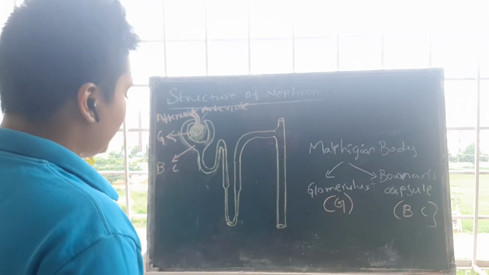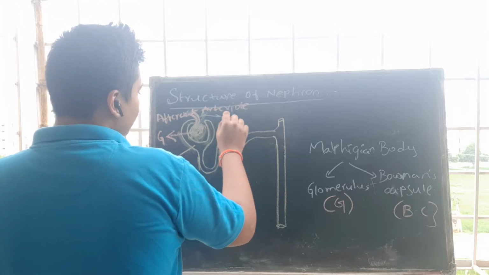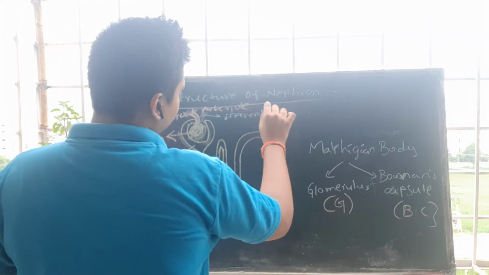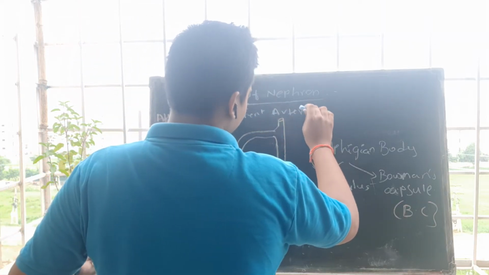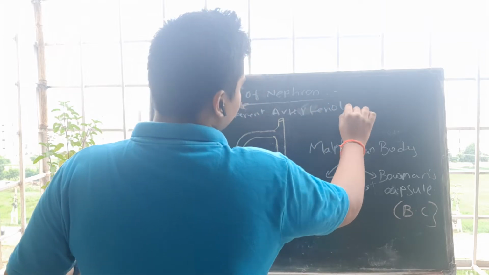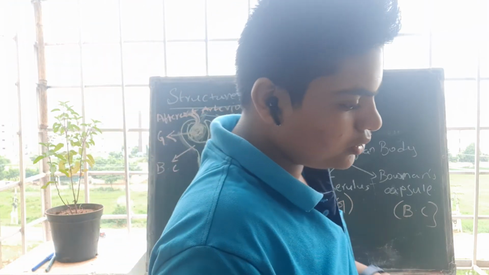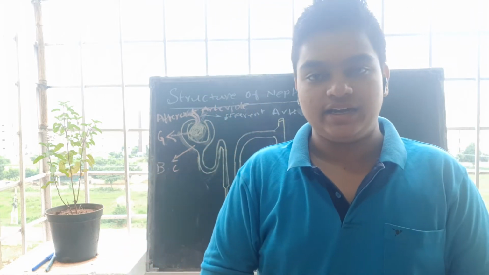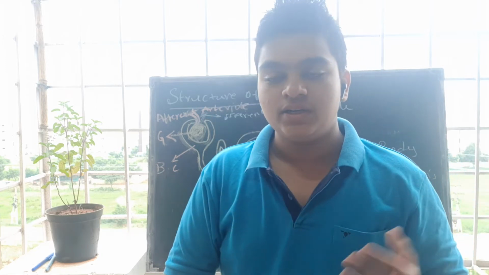If there is afferent arteriole, there should be efferent arteriole, so this blue one is efferent arteriole. The blood comes through the afferent arteriole and leaves the kidney through the efferent arteriole. Blood comes through afferent, leaves through efferent.